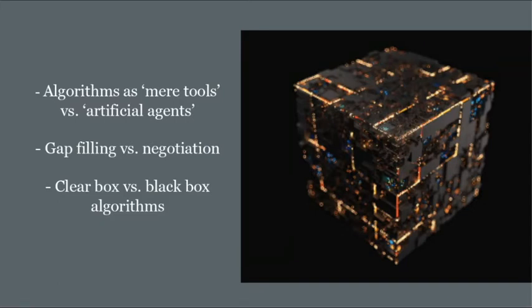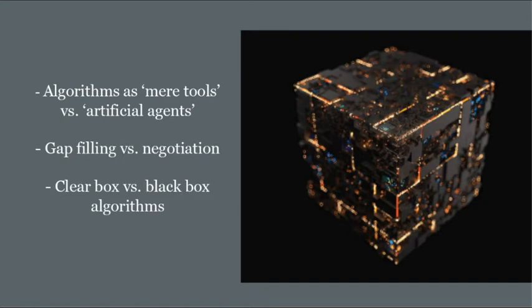But algorithms can also be classified not only by their role in contract formation, as I said, acting as mere tools or artificial agents, but also in relation to the task assigned, as gut feeling or negotiation. And even moving further, we have to reflect on clear box and black box algorithms, depending on whether the outcome of the decision taken by the algorithm can or cannot be anticipated by its principal.